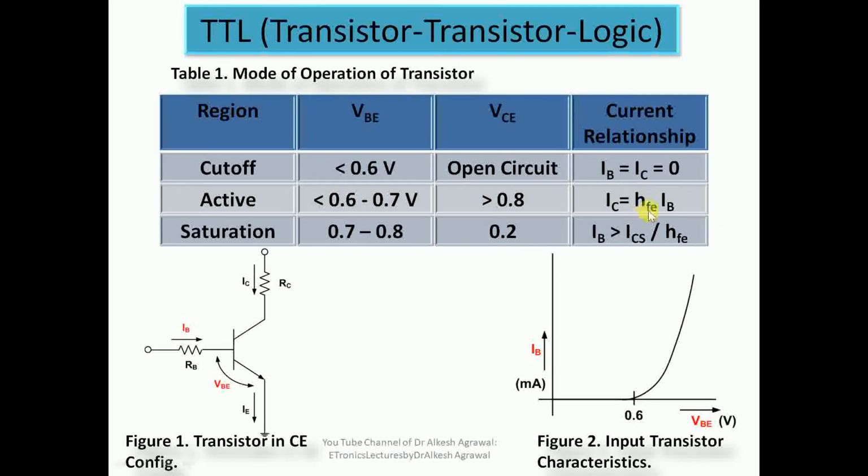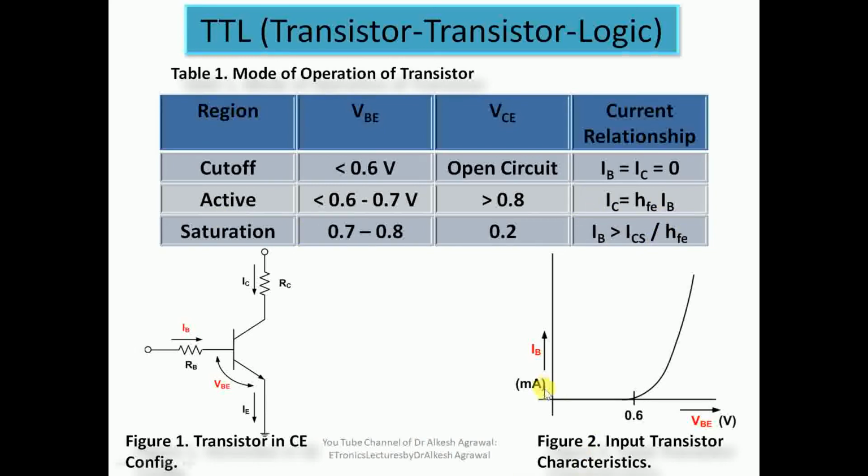HFE is the current amplification, a hybrid parameter, so IC is HFE times IB. When the voltage is increased from 0.7 to 0.8 volt, the transistor goes into the saturation mode, where VC is assumed to be 0.2 volt with respect to ground, and IB is governed as IB greater than ICS upon HFE.